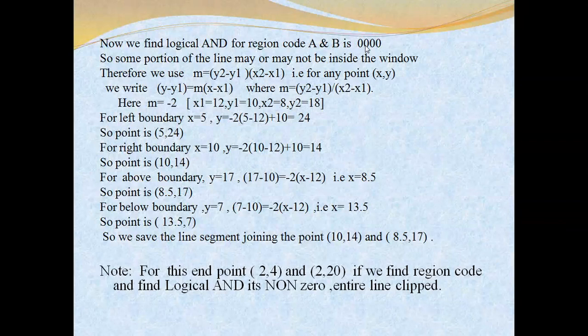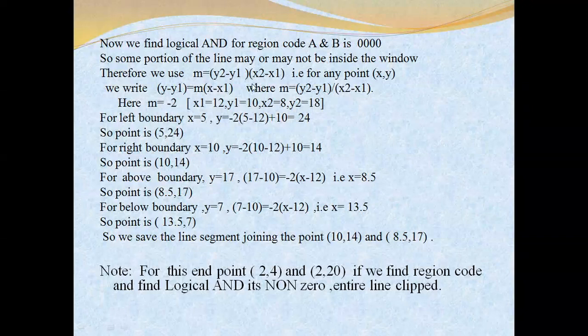Now we perform the intersection. We calculate the intersection point between the 4 boundaries according to the equation m equals y2 minus y1 by x2 minus x1.